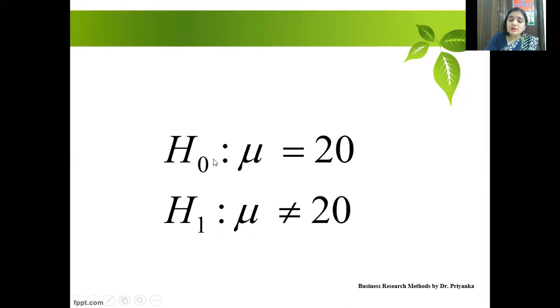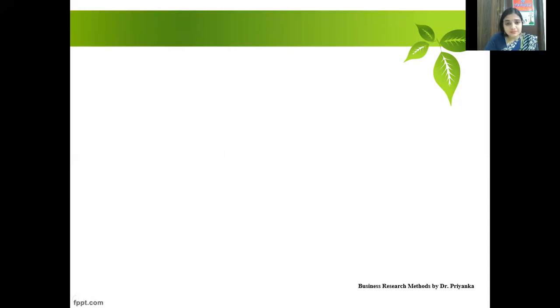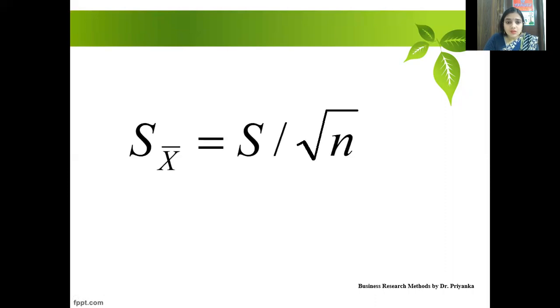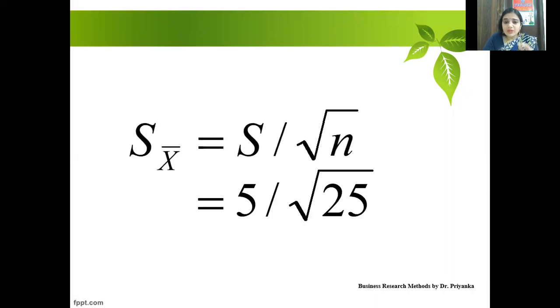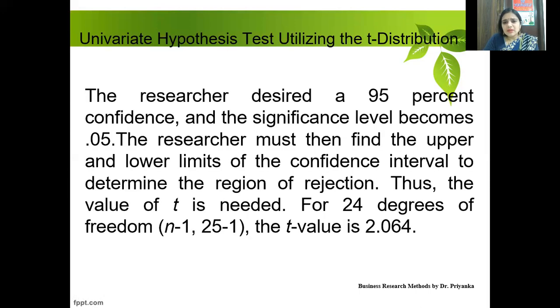Right? So this is our null hypothesis, which states that mean is equal to 20, and the alternate hypothesis is actually the hypothesis which we need to accept, basically, which we need to prove. So that is mu is not equal to 20, against the manager's perception. Here are the formulas, and after putting all the values in the formulas, you'll be getting the values.